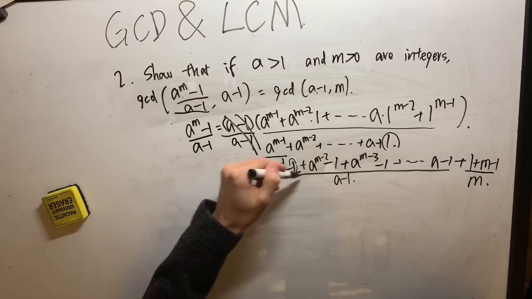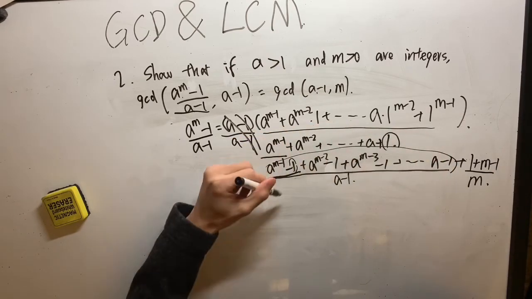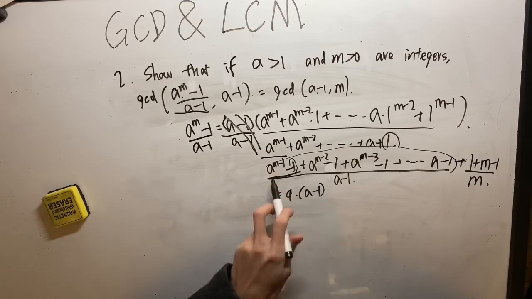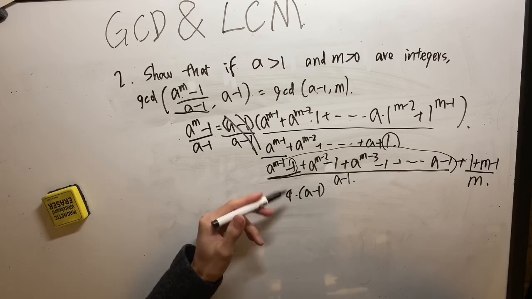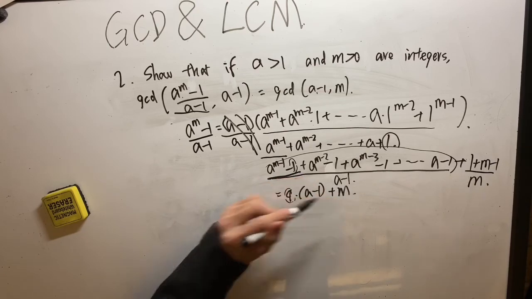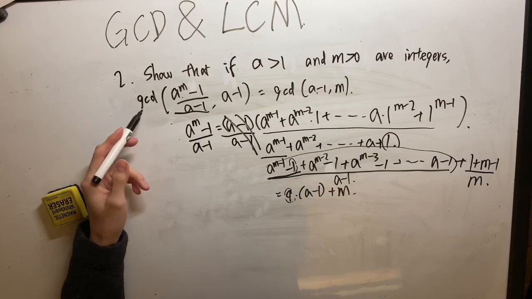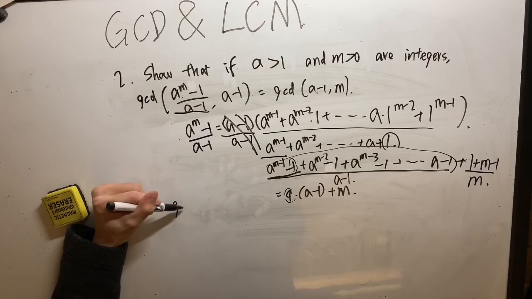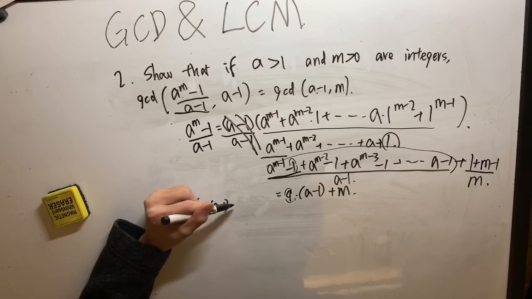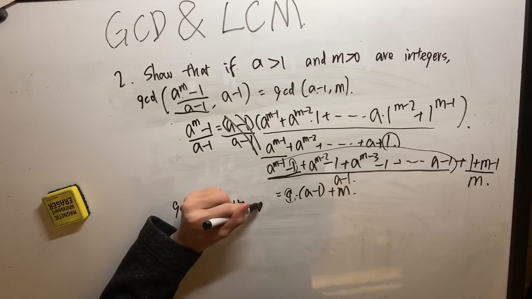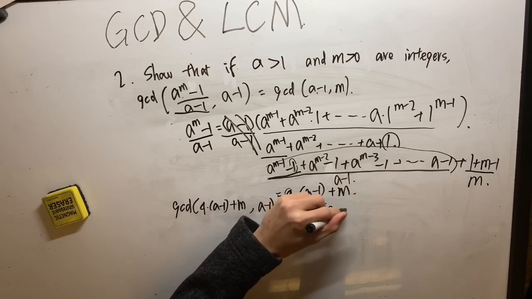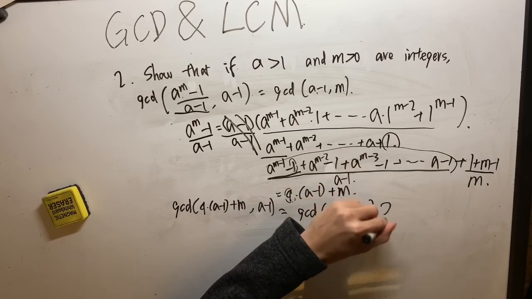You can denote this whole thing as, let's say, q times (a minus 1), because this is divisible by a minus 1, and we don't need to know the number q right here, plus m. So we have switched the problem to GCD of (q times (a minus 1) plus m) and a minus 1 equals GCD of a minus 1 and m?